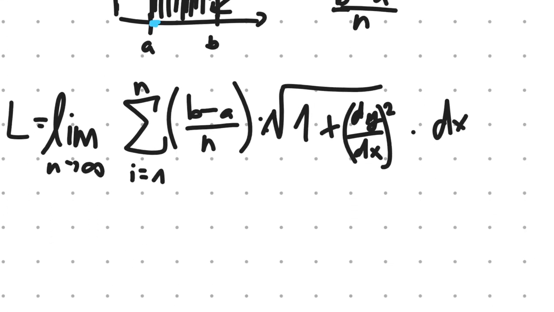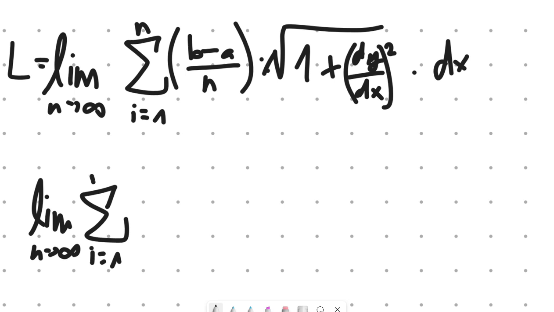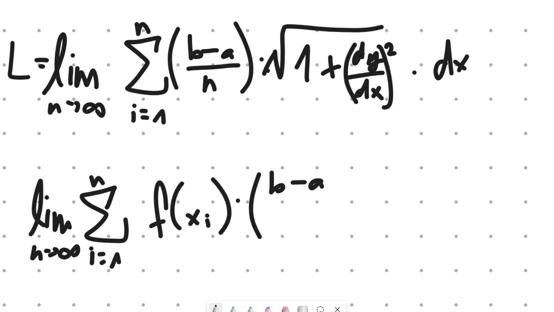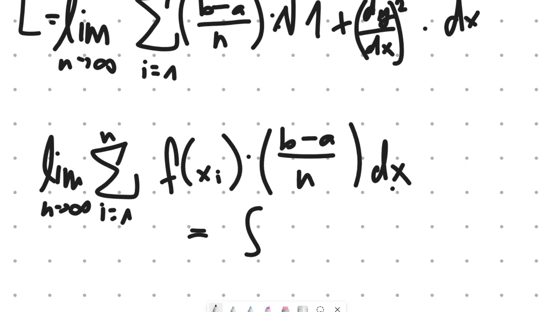Okay, now the Riemann sum states that the limit as n approaches infinity of the sum where i goes from 1 to n of any function f of xi times b minus a over n, times some small dx, is equal to the integral from a to b of f of x dx.